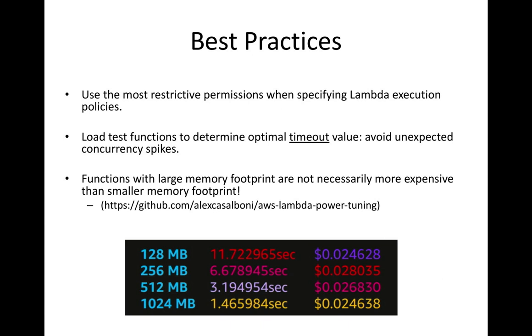So you want to set some sort of sane timeout limit so that the function is terminated if for some reason it runs longer than expected. And that's because if you have a really long timeout value set for your function, you might generate quite a few concurrent Lambda function invocations, and you could have these concurrency spikes that form because Lambda functions are running too long and they're not timing out properly.